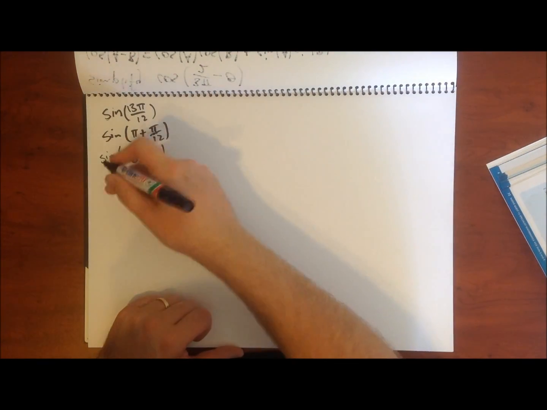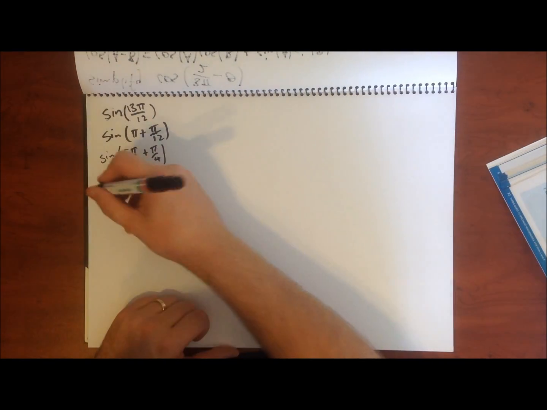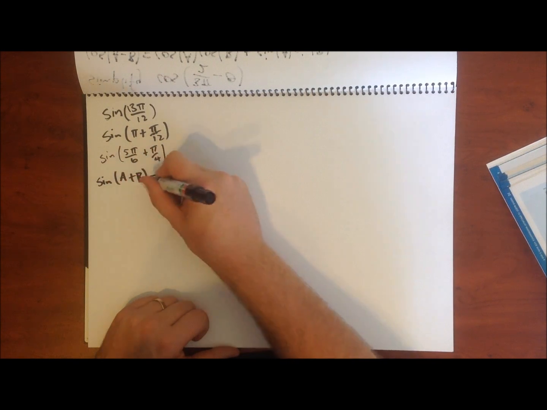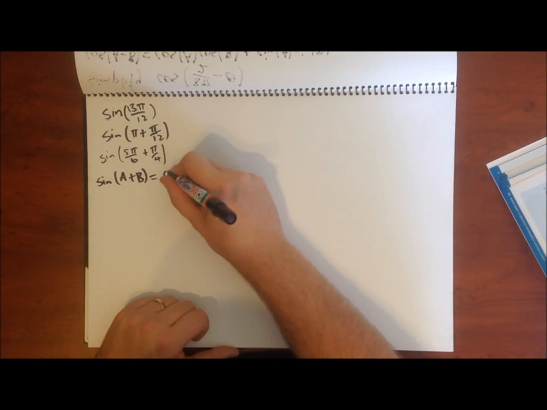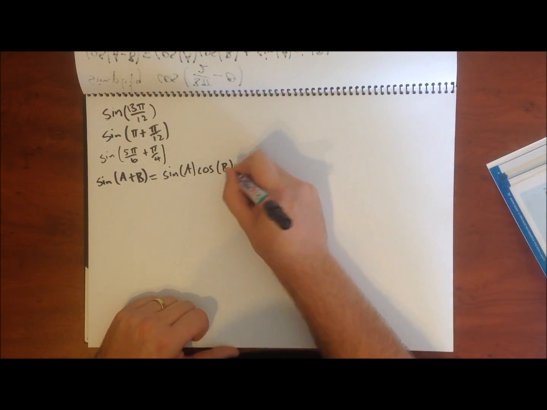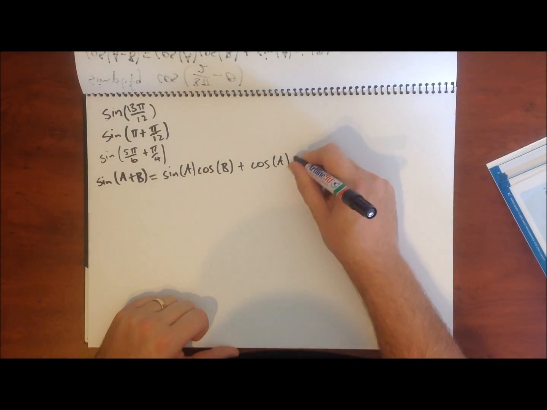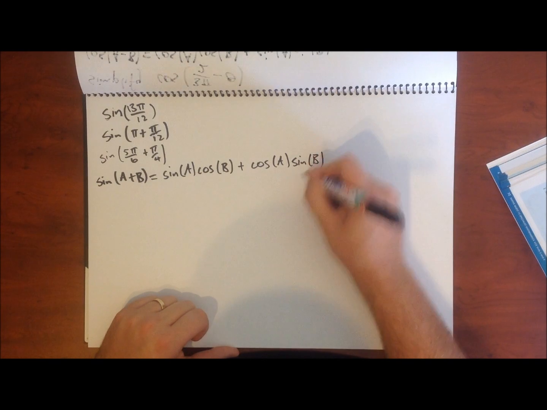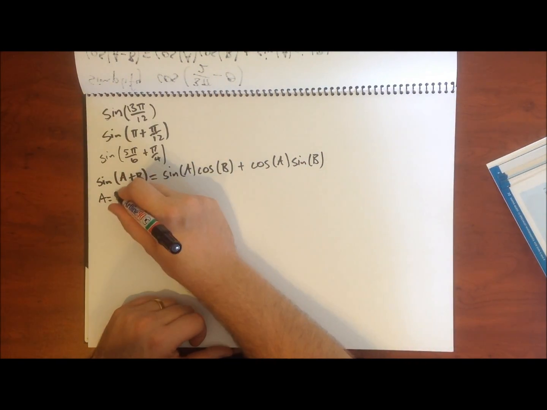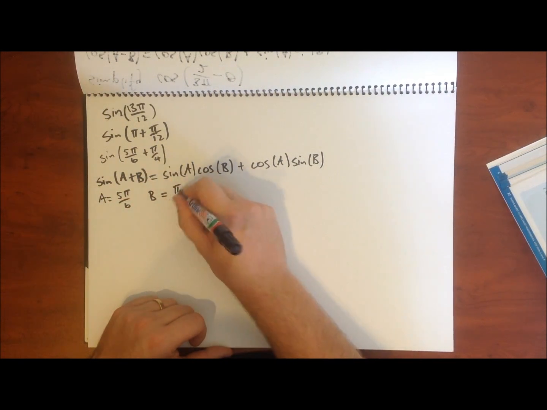Okay, and then we've got two things added together in sine. So remember that sine of A plus B equals our sine of A cos of B plus our cos of A sine of B. Okay, so we've got to let our A equal our 5 pi on 6 and our B equal pi on 4.